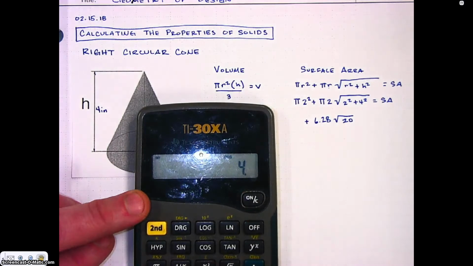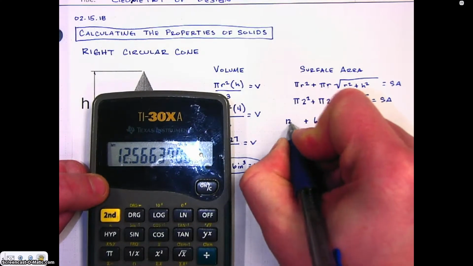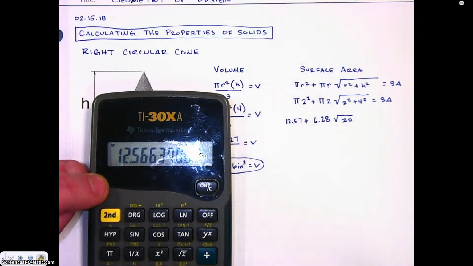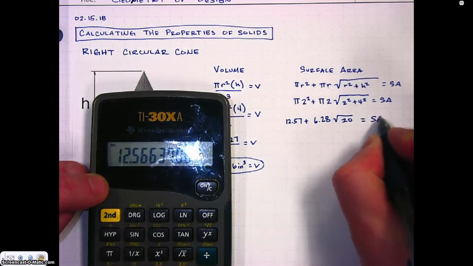So I'll say 2 squared times pi equals 12.57. All right, and all of that is equal to our surface area.